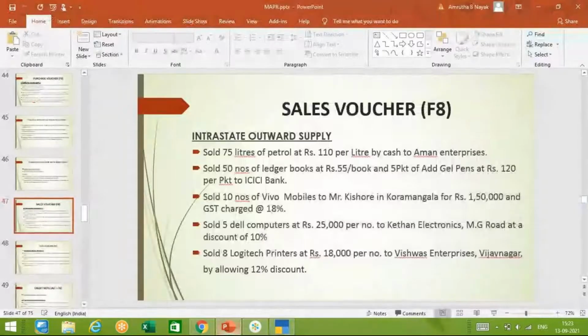Okay, take a screenshot of this. Do work after class. Sold 10 numbers via mobile phone. Excuse me, ma'am. Ma'am, it was sold 75 liters of petrol, so the voucher will be debit note.